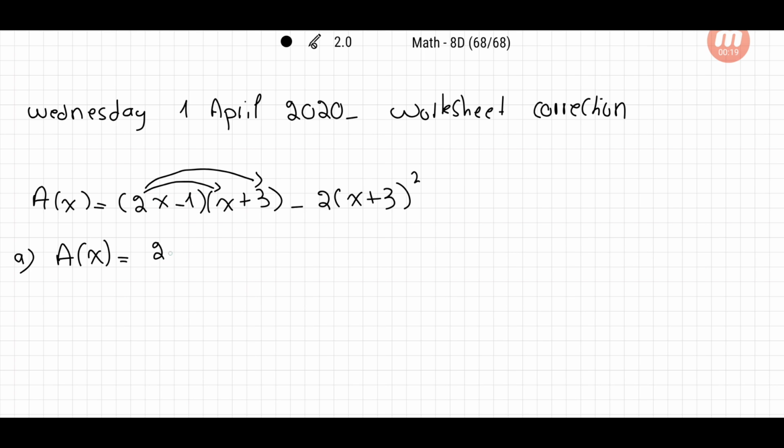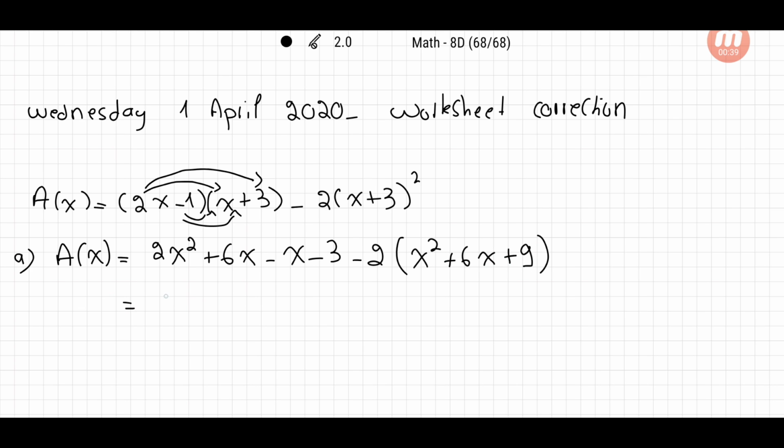So it is 2x squared plus 6x minus x minus 3, minus (2x plus 3) squared, which is x squared plus 2 times x times 3, 6x, plus 9. So it is equal to 2x squared plus 6x minus x minus 3 minus 2x squared minus 12x minus 18.